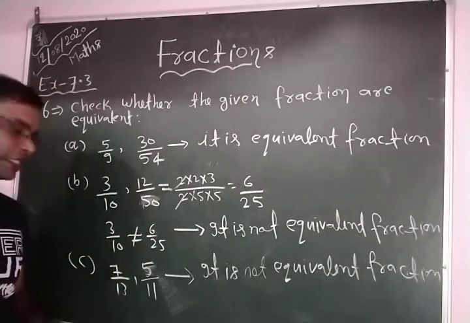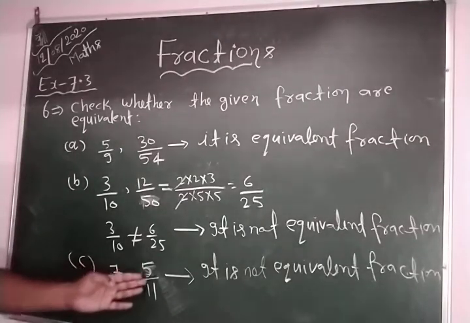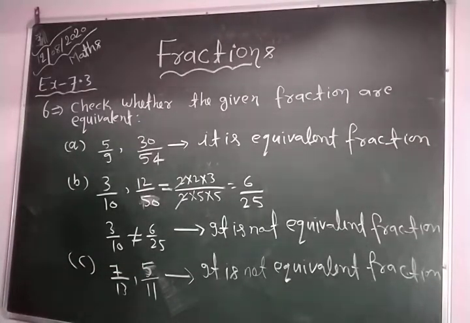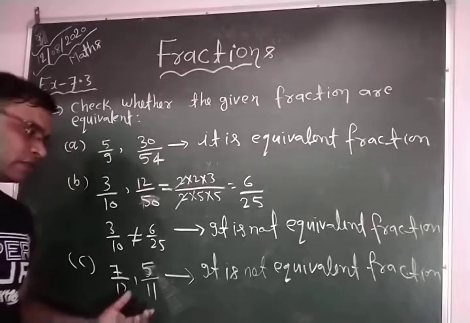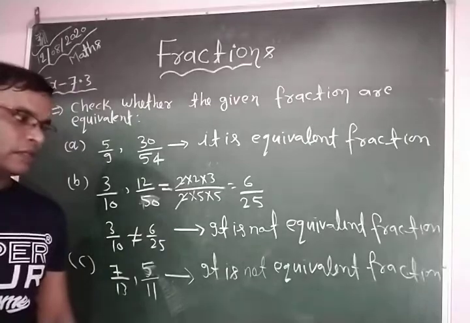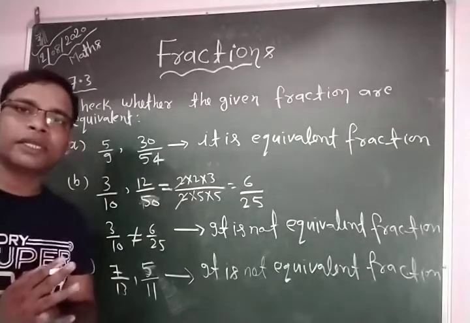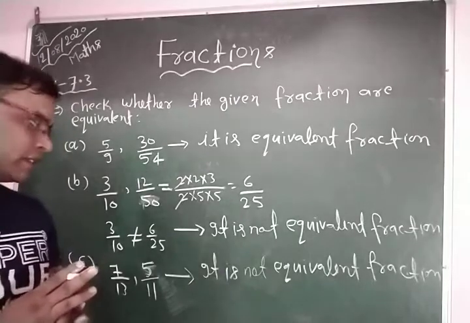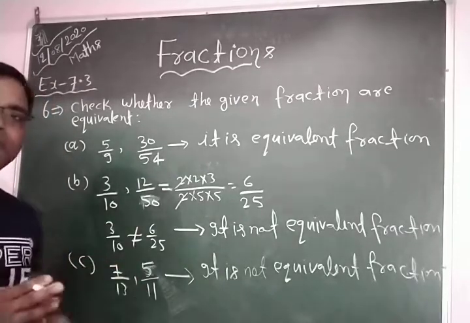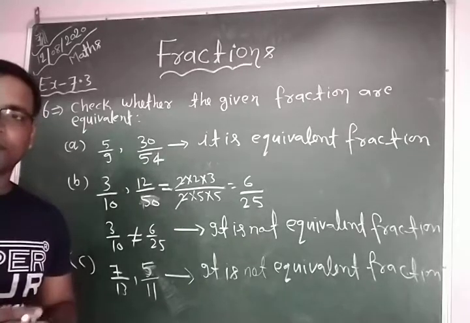In C part, 7 by 13 and 5 by 11 are not equal, so it is also not equivalent fractions. If both fractions are equal, then it is equivalent fractions. But in B part and C part both are not equal, so we can say these are not equivalent fractions.